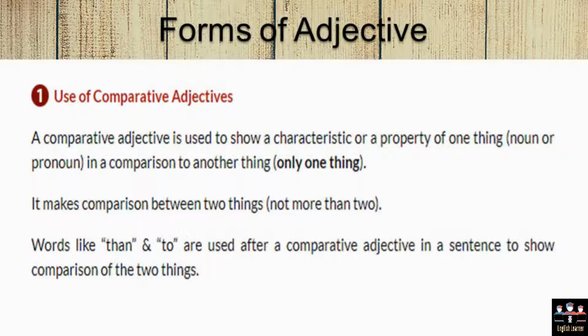Make sure that the comparative adjective degree has a comparison between only 2 things, not more than 2. And for comparison, words like than and to are used in the sentence to show that the comparison of 2 things has been made.